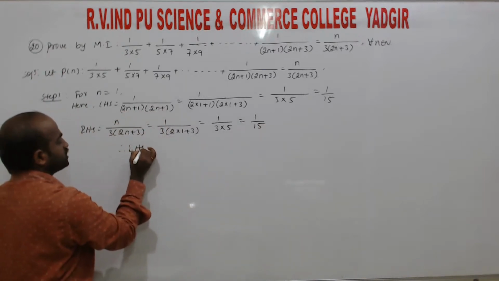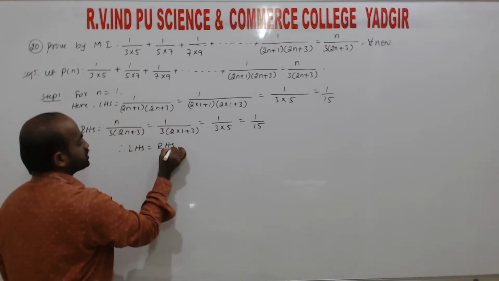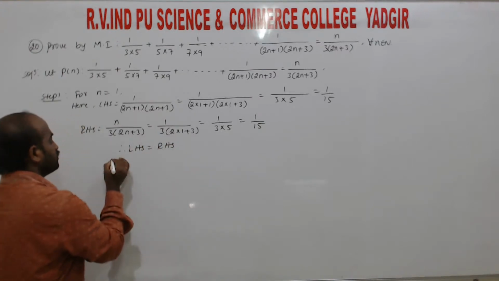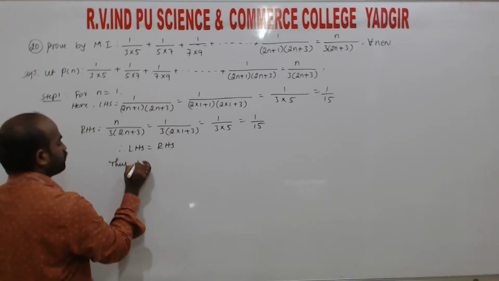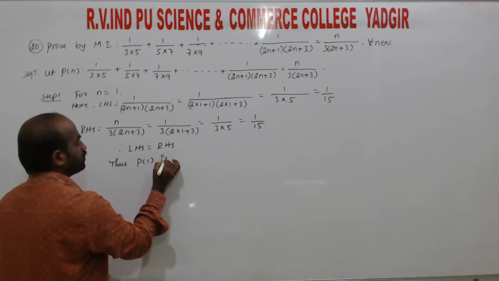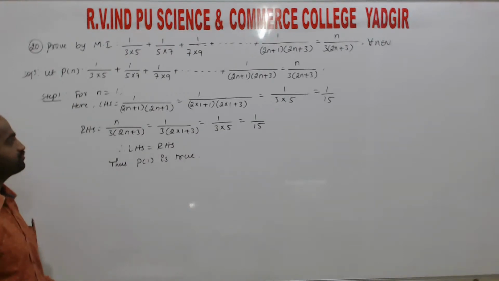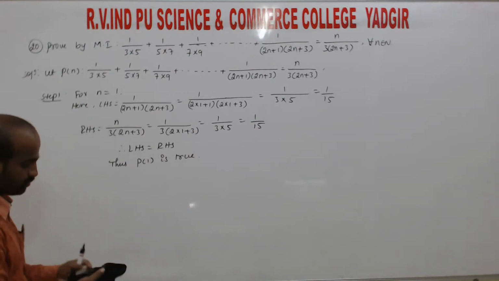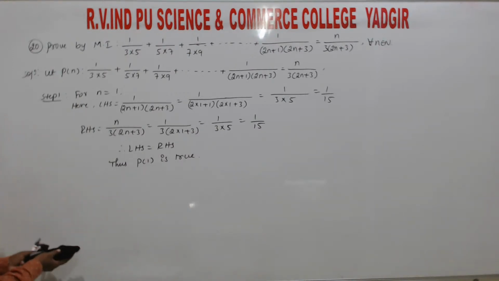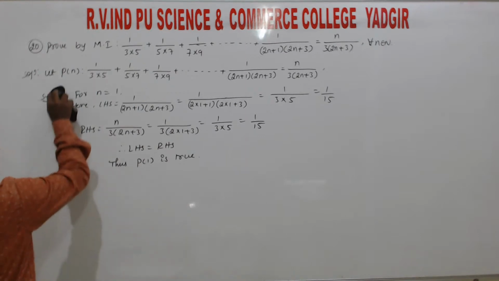Therefore LHS is equal to RHS. Thus P(1) is true. So that is what P(1) verifies.